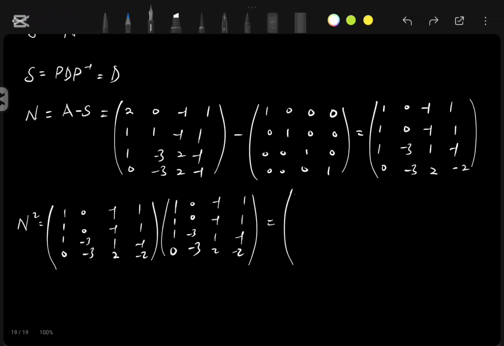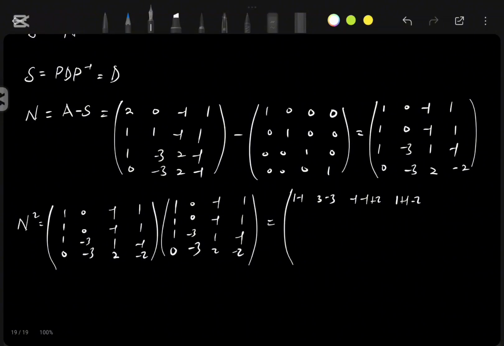So this is given. We have 1 plus 0 minus 1 plus 0. Next we have 0 plus 0 plus 3 minus 3. So 3 minus 3. Next we have minus 1 plus 0 minus 1 plus 2. And again we have 1 plus 0 plus 1 minus 2.